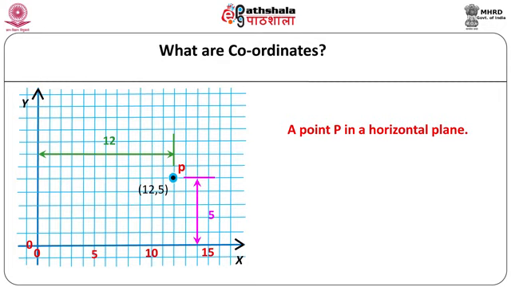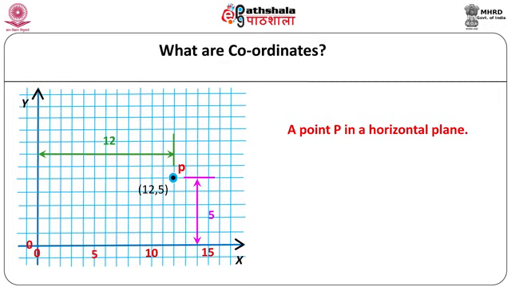Let us consider an object lying on a horizontal table, represented by a point P in the plane. Where is the point P? To answer the question, we may select two lines OX and OY on the plane surface of the table. Then the answer is P is at a distance of 12 units from the line OY and at a distance of 5 units from the line OX.